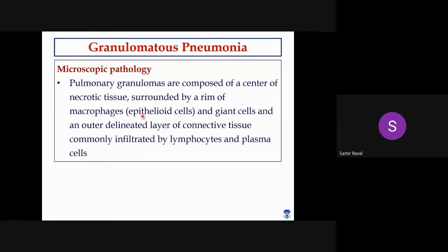So in simple words, epithelioid cells are macrophages that contain an ample amount of cytoplasm, particularly homogeneous pink cytoplasm, so the name epithelioid cells. And when these pathogens are very strong and macrophages are unable to kill that particular pathogen, these macrophages will fuse together and ultimately form multinucleated giant cells. So just after these macrophage layers, in the outer area you will find layers of lymphocytes, plasma cells and connective tissue.